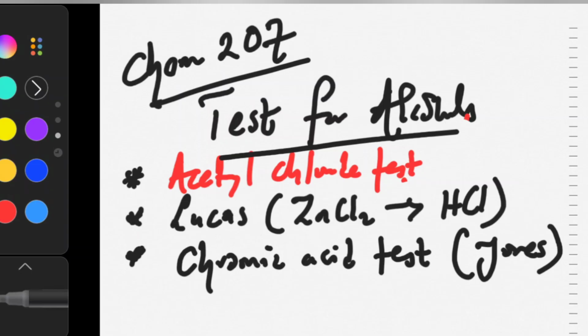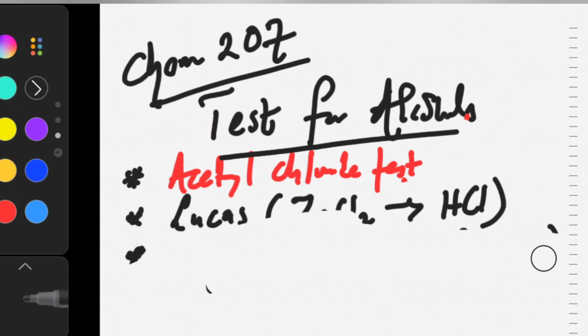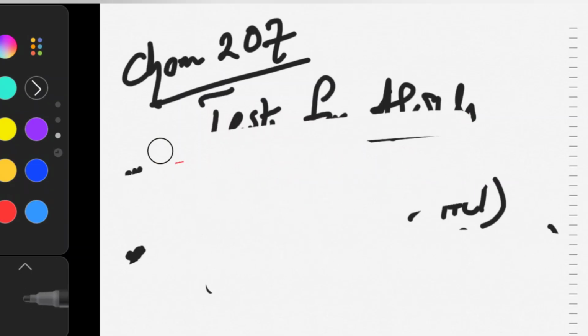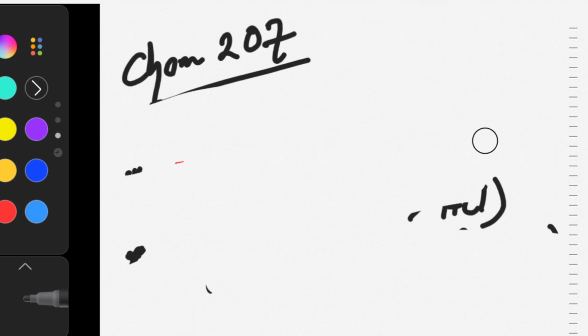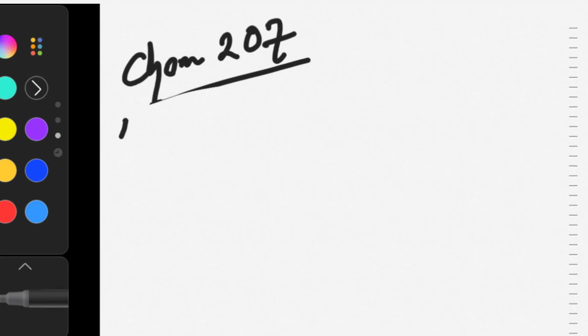Basically, not wasting much time, we'll start with the acid chloride test. You need to know that the acid chloride test is basically used to confirm that a compound is an alcohol.